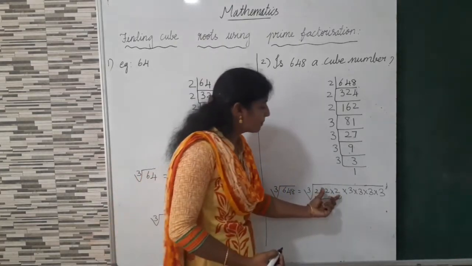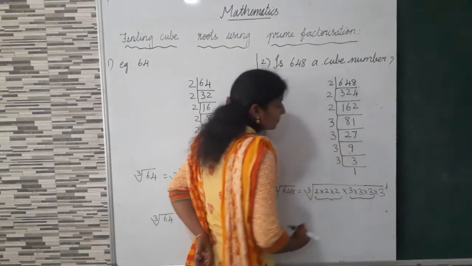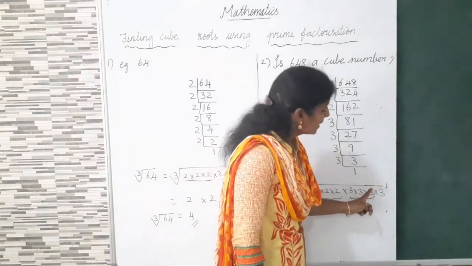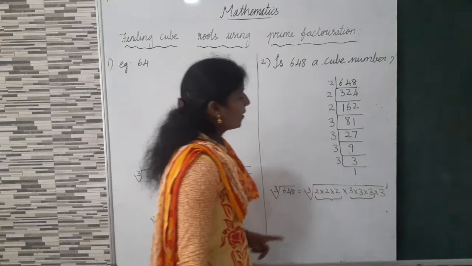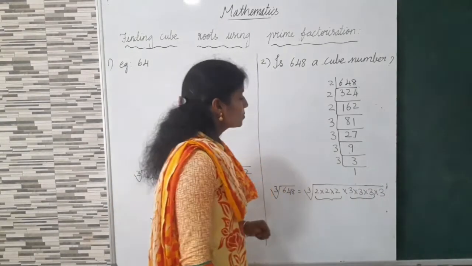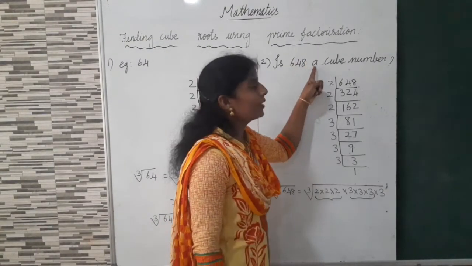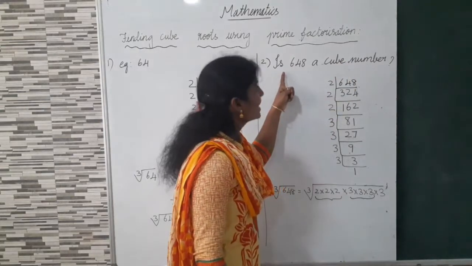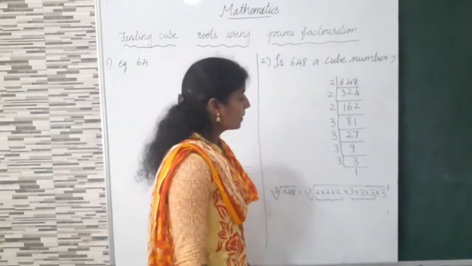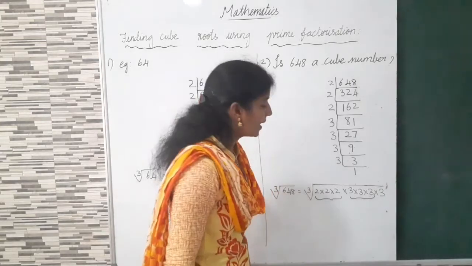Then next 3 times 3. Now here listen, one factor, that is 3, is left over. So we can't say 648 is a cube number. Now we can say 648 is not a cube number, because only one factor, that is 3, is left over.